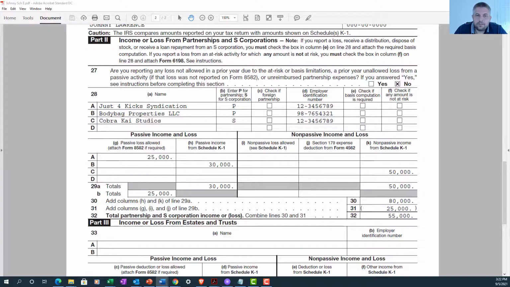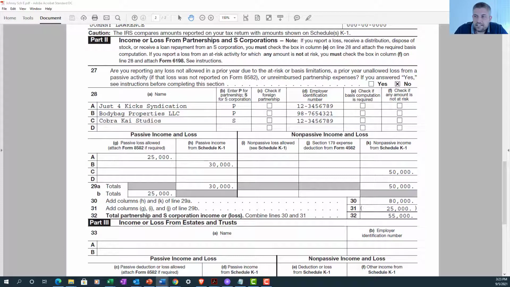deduction. There's a column for passive losses, and then passive income in column H. Non-passive losses are in column I, and column J is for your section 179 expense deduction. And finally, over on the far right, you have column K, non-passive income.